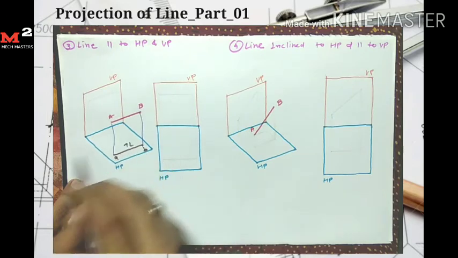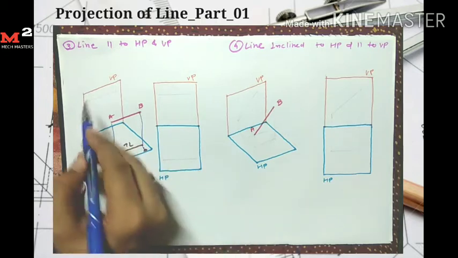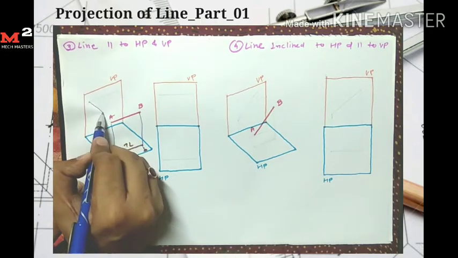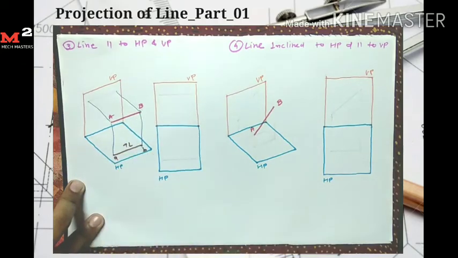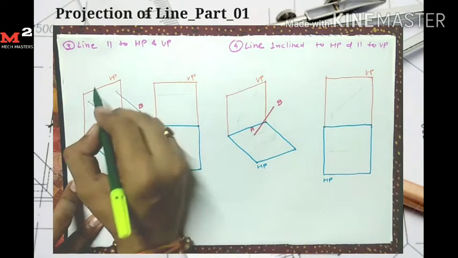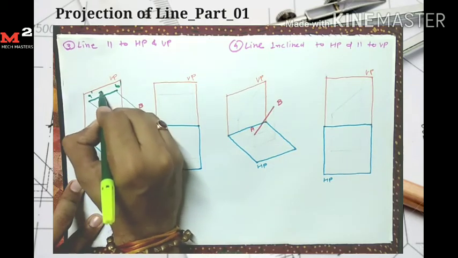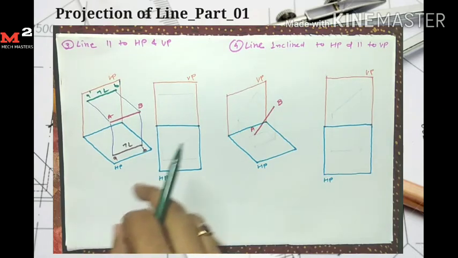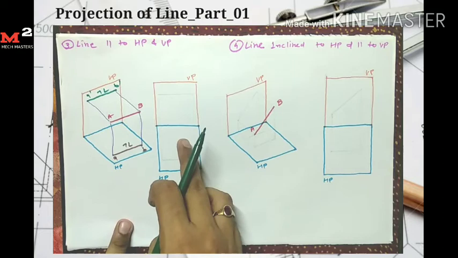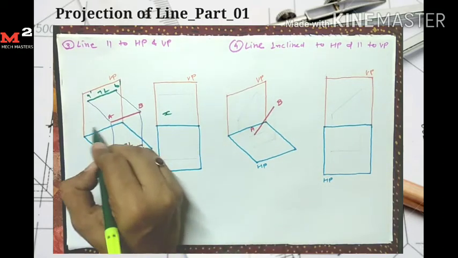This is true length because line is parallel to HP. And here I take its projection on vertical plane to draw its front view. Here I get front view A dash B dash, which is also true length because line is parallel to VP also.